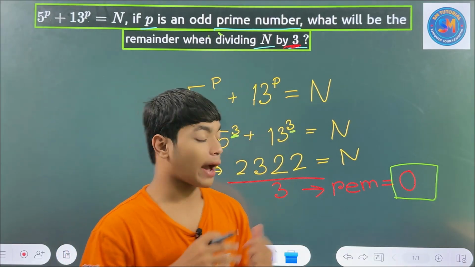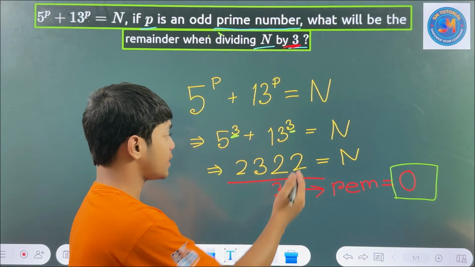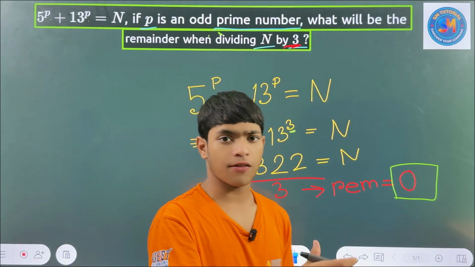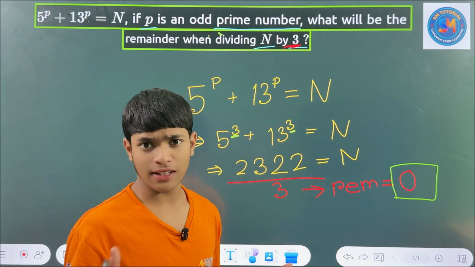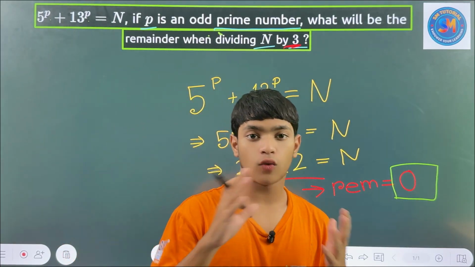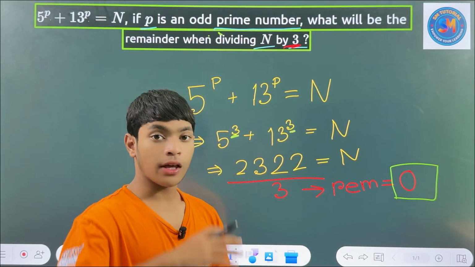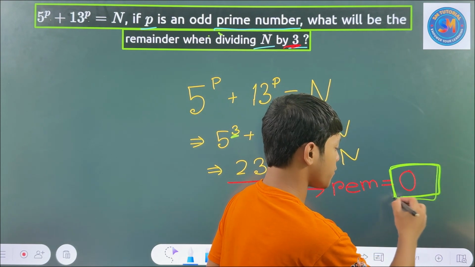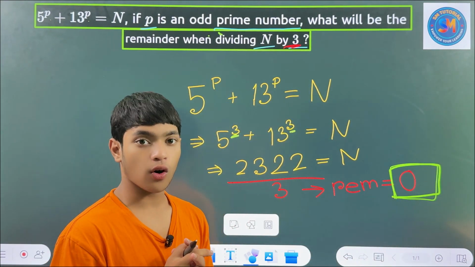But I will say you can take any prime number like 3, 5, 7, 13, 11, anything you can take as a value of p, but you will get a result for n, and then you will get the remainder 0 for every odd value of p.